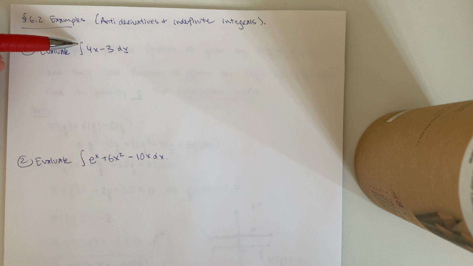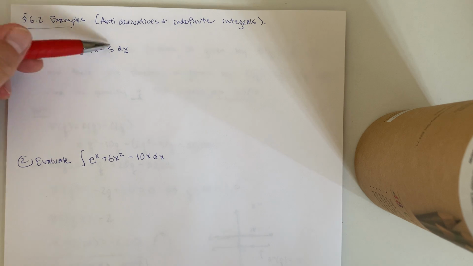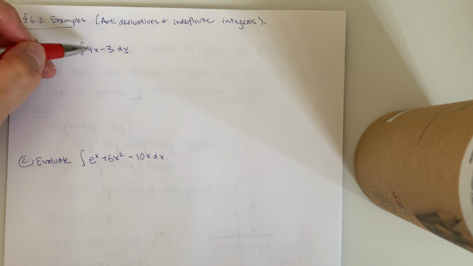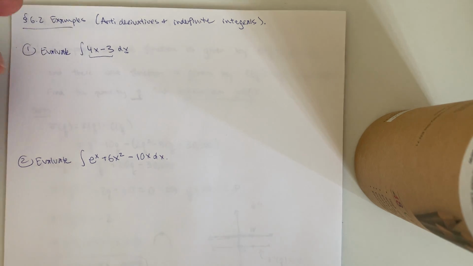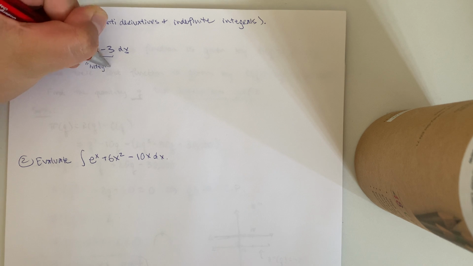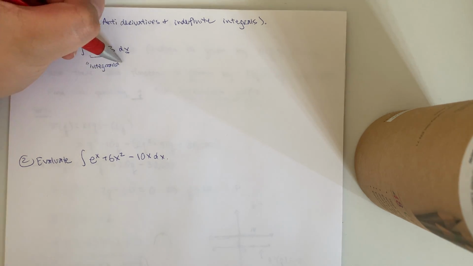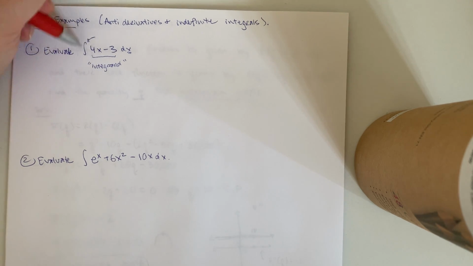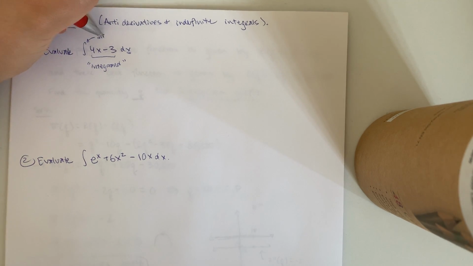The way that we read this is the integral of 4x minus 3 dx, or the indefinite integral of 4x minus 3. This function 4x minus 3 is what we call the integrand. It's whatever is under the integral symbol, and that's what this squiggly line is. It looks like an elongated S or L, but it's an integral symbol.